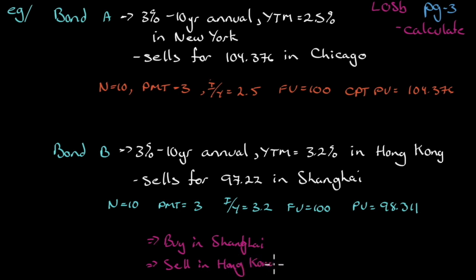Now, here's what's going to happen. As we start buying in Shanghai, we're going to push the price of this bond upwards. As we start selling that same bond in Hong Kong, we're going to push the price of that bond down until that opportunity disappears, and that's where the price will stay. As soon as it gets out of line, our system will hit it again.